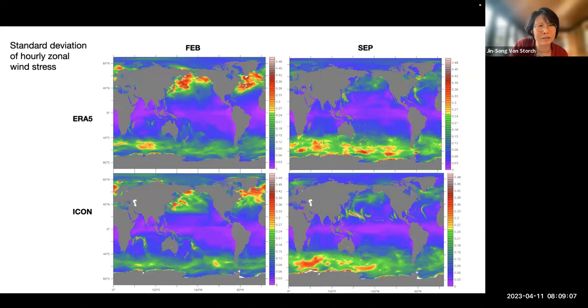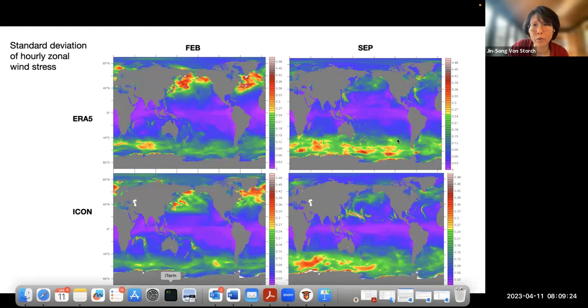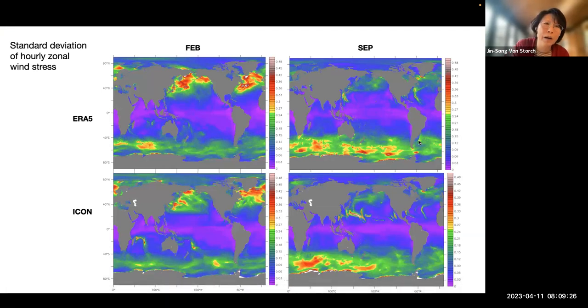Okay, let me give you some impressions of what type of wind this coupled model is producing. I'm showing you here the standard deviation of hourly zonal wind stress for this full 40 day period. The left panel is for February and the right for September, with the top for the ERA5 data and the lower panel what we simulate.